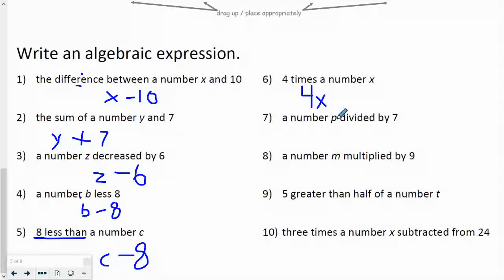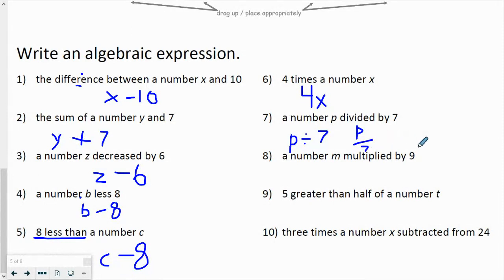A number p divided by 7. Okay, so we're starting with p. Oops, kind of looks more like a d. And we're going to divide it into 7 parts. Another way you could write this is as a fraction. You could also write it as p and put it over 7.